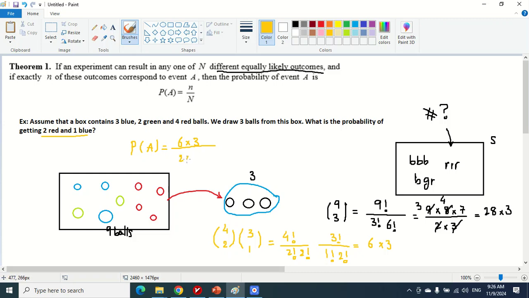So it will be 28 times 3, and this 3 will be cancelled, and we have 3 over 14. This is the probability of the event of getting 2 red and 1 blue ball out of this box.